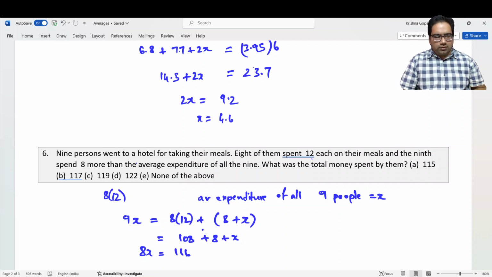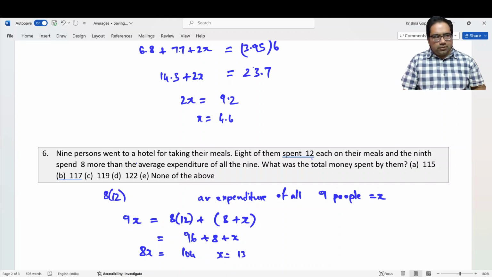Sorry, 8 twelves was 96, right? 96 plus 8 is 104. 104 by 8, what is X? X equal to 13, right?